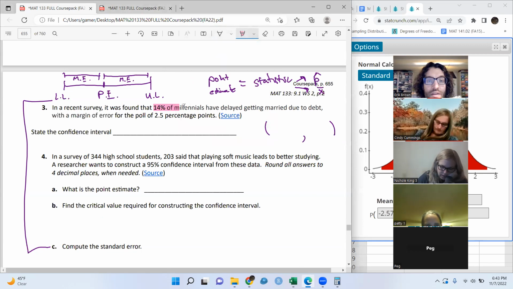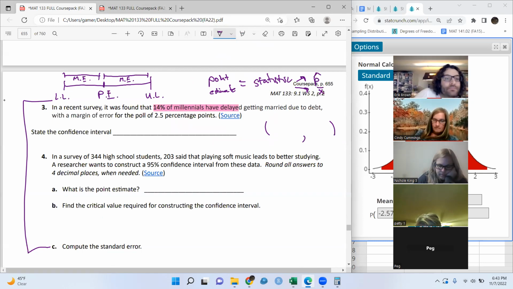Now, how do we know this is a p hat and not a p? It was in a recent survey. Yes, in a recent survey. That's the only clue. Otherwise, the language we used in chapter 8 was the implied all.